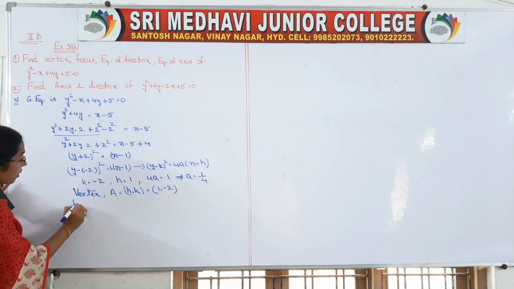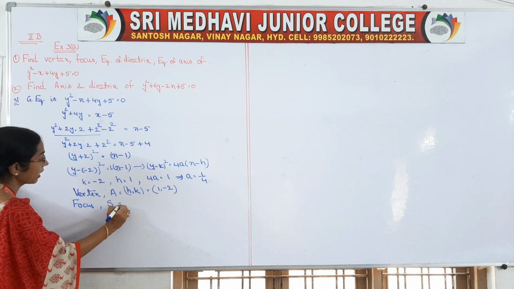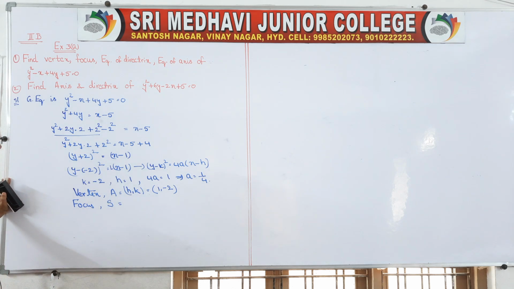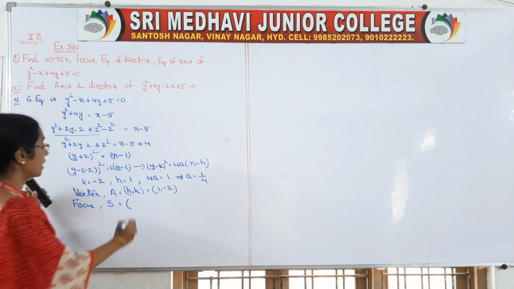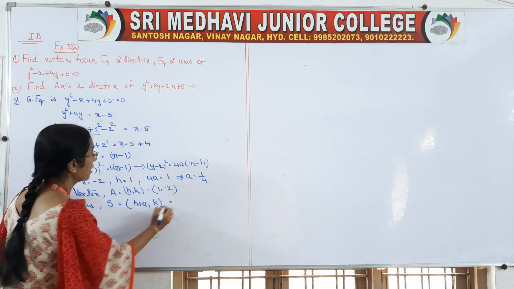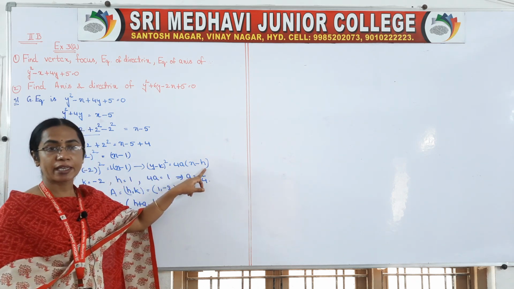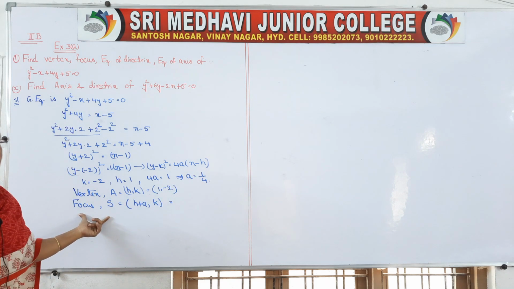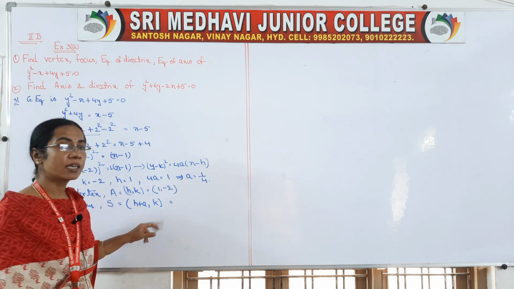Next you take focus, right? So focus is denoted by S. What is the formula? This formula contains h plus a comma k. Whenever (y minus k) whole square is equal to 4a into (x minus h), its focus formula is S equal to (h plus a comma k).